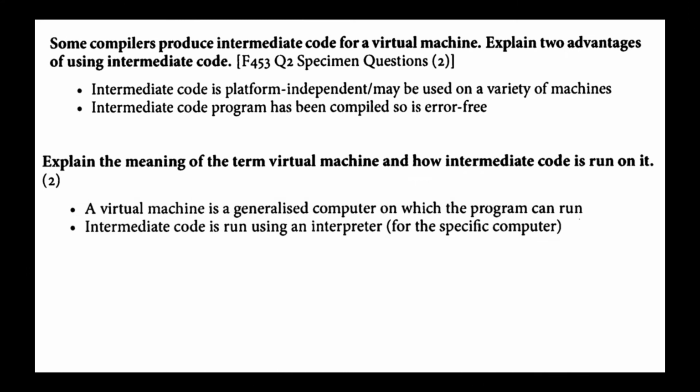A virtual machine is a generalized computer on which the program can run. Intermediate code is run using an interpreter for a specific computer. The interpreter needs to be for a specific type of processor, the computer processor.